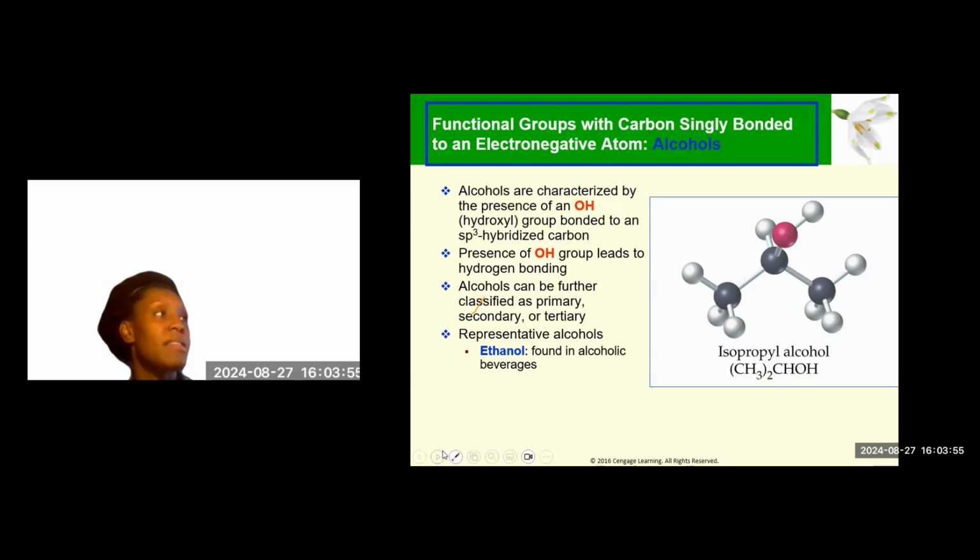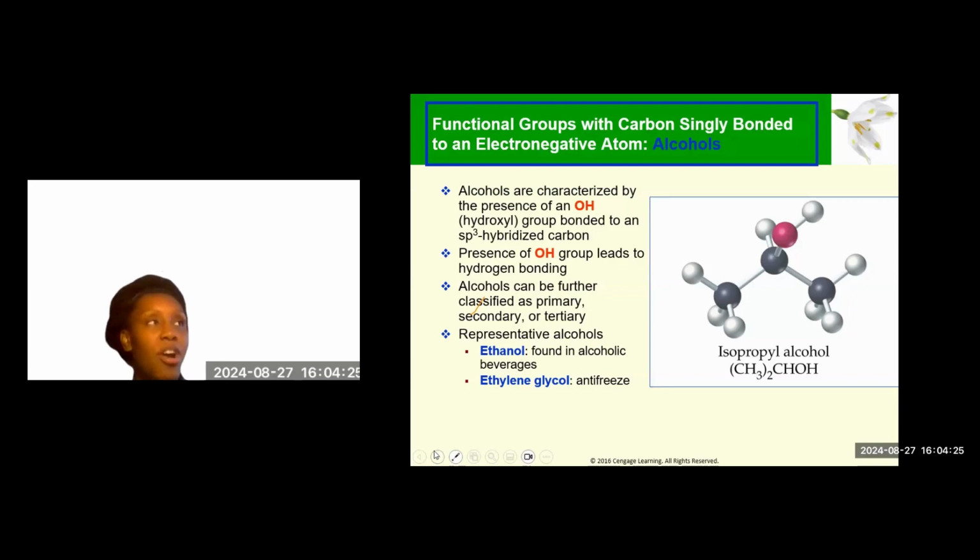So that's an example of an alcohol. Another example is ethylene glycol, and this is found in antifreeze, okay? That's because its freezing and boiling points are very extreme, and so it stays a liquid over an extended range of temperature.